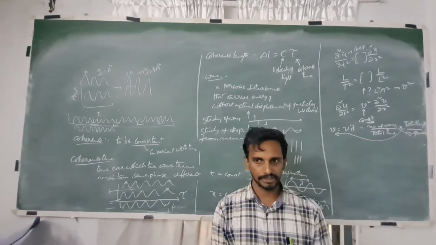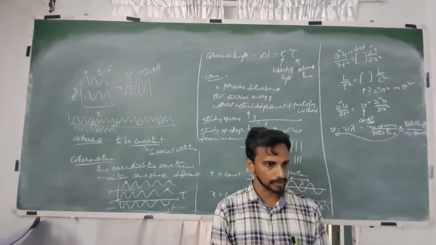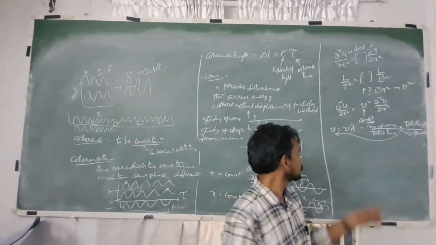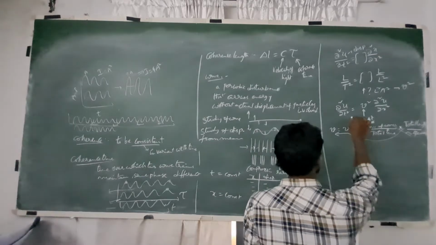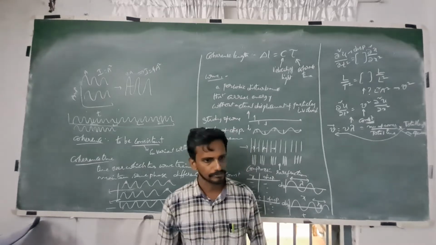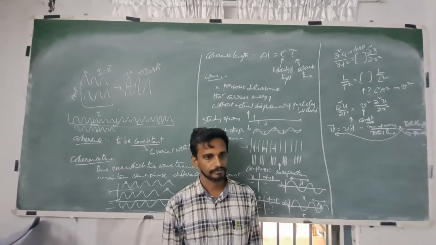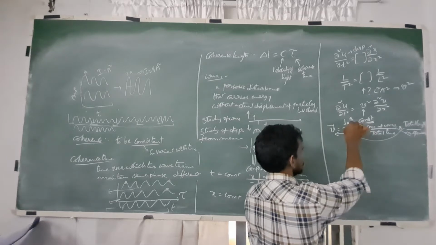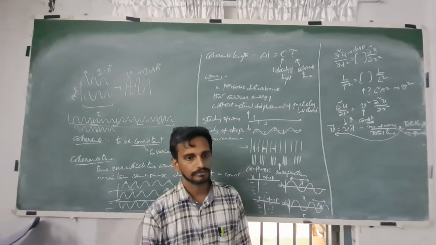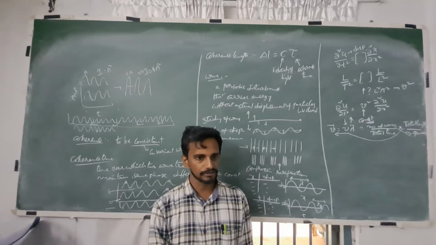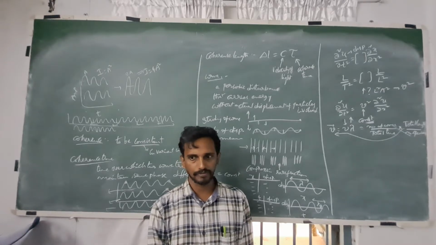As the wavelength increases, velocity should remain constant. So how is it possible? The wavelength is increasing, velocity should remain constant. The frequency should decrease. So as the wavelength increases, frequency decreases to keep the velocity constant.